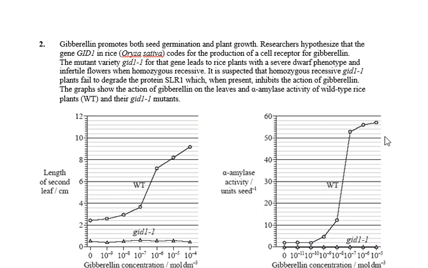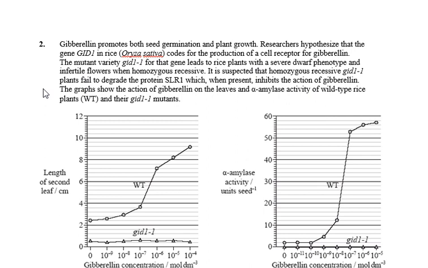Gibberellin promotes both seed germination and plant growth. Researchers hypothesized that the gene GID1 in rice, Oryza sativa, codes for the production of a cell receptor for gibberellin. The mutant variety of GID1-1 for that gene leads to rice plants with a severe dwarf phenotype and infertile flowers when homozygous recessive.